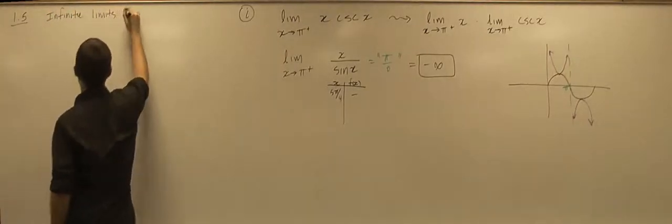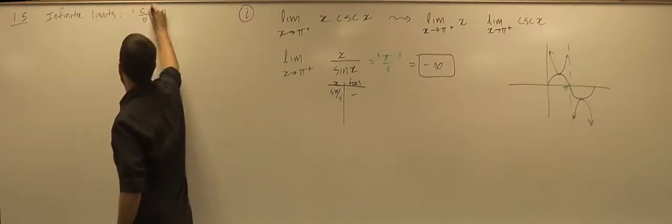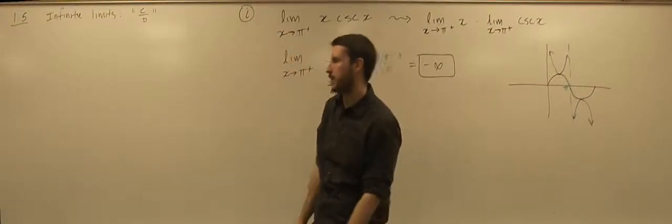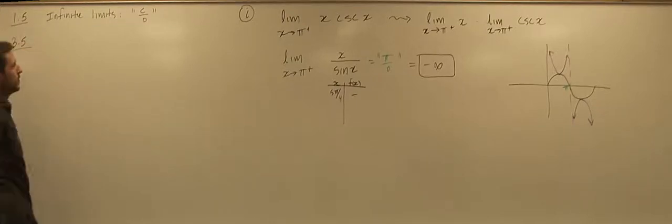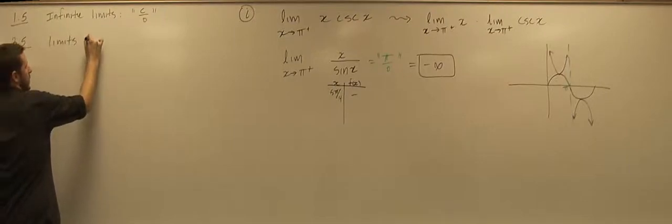And it focused on the form non-zero constant over 0. 3.5, we'll start now, focuses on limits at infinity.